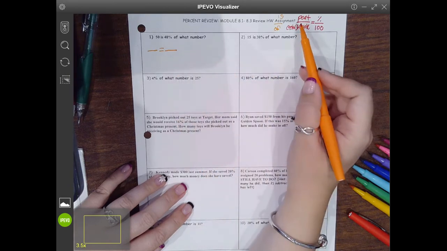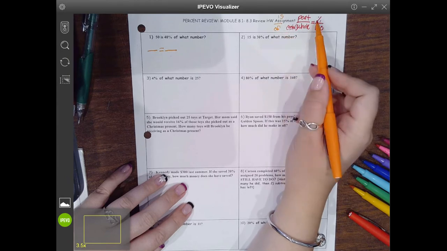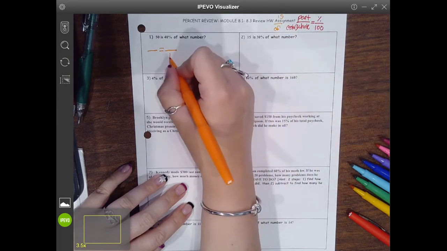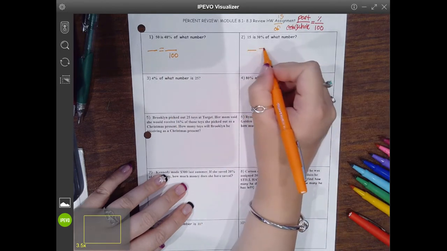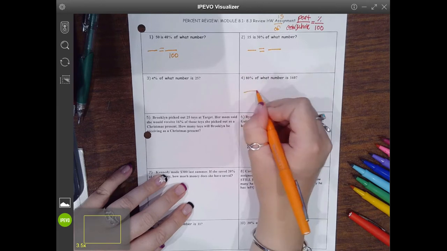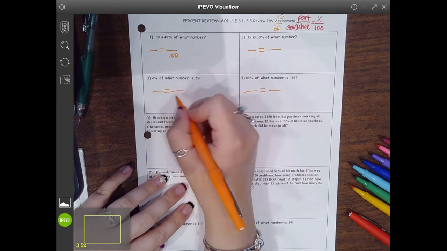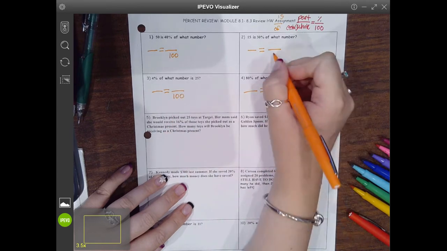It's only the part, whole, and percent that change, or is, of, and percent. But this is always 100. So I'm going to go ahead and put 100 here. And you know what? I could even do that for all of these. When I set up my proportion, I know that this is always going to be 100.